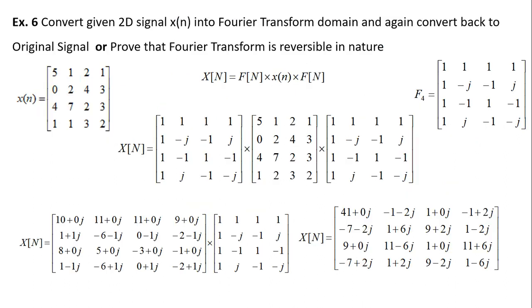Now we will see another example. We only need to take care that when we are multiplying, we do the matrix multiplication properly, and we can't change the order. For example, we can't keep f of n into f of n into x of n. In this way we first find the matrix multiplication of the first two matrices, and then the result is multiplied with this.